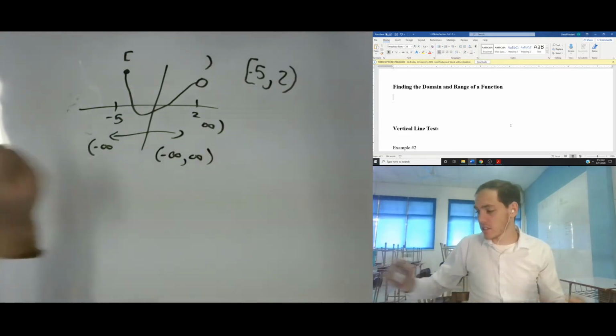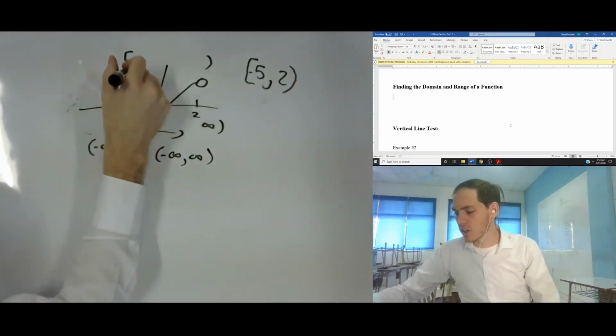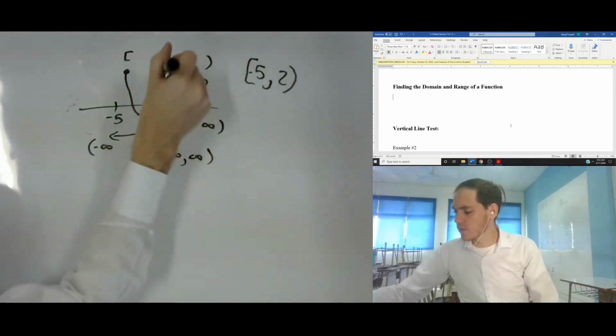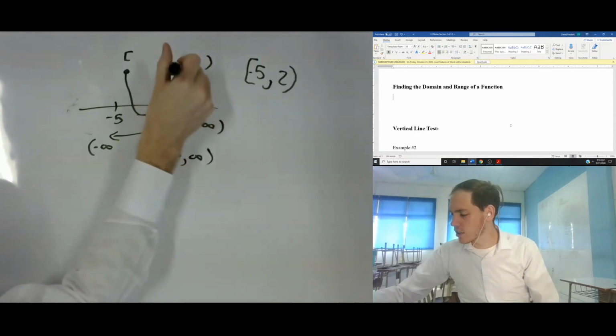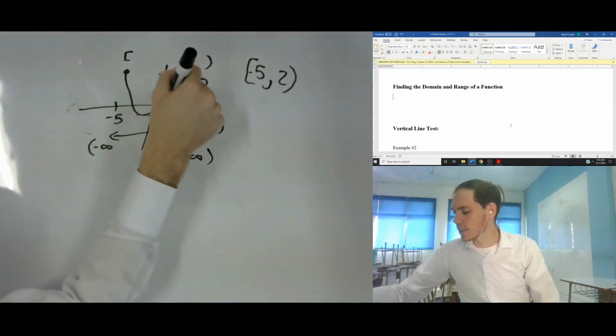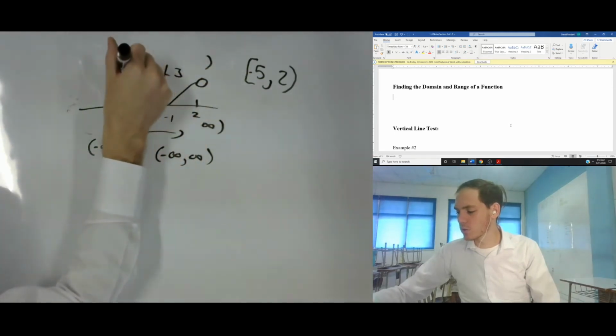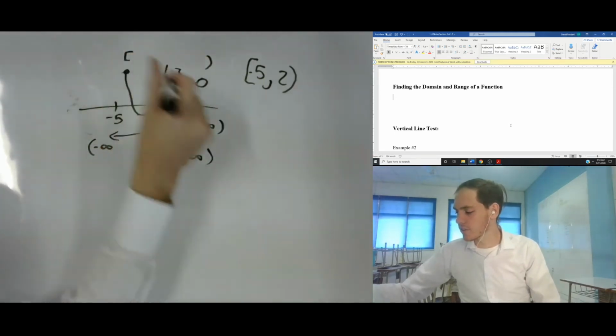So range, again, same concept. You start at the lowest point, which in this case, let's say this is -1, and our highest point, which is, let's say this is 3. Is it defined at 3? Well, if these two are equal, which we can assume they are, it's defined.